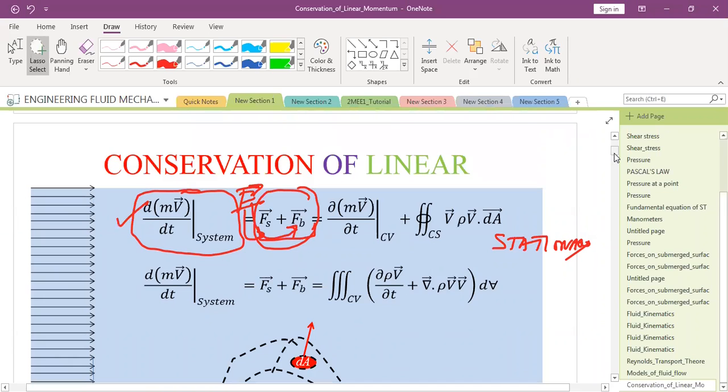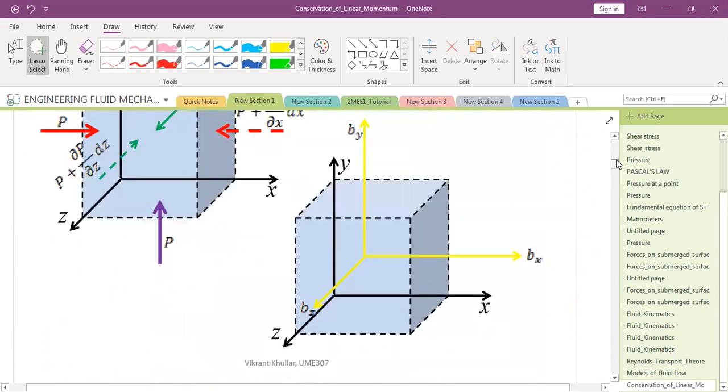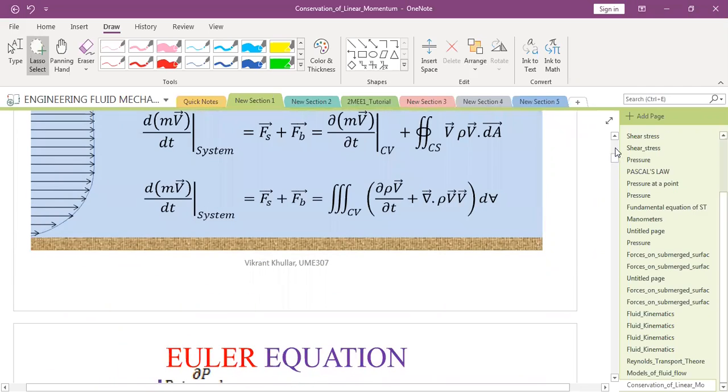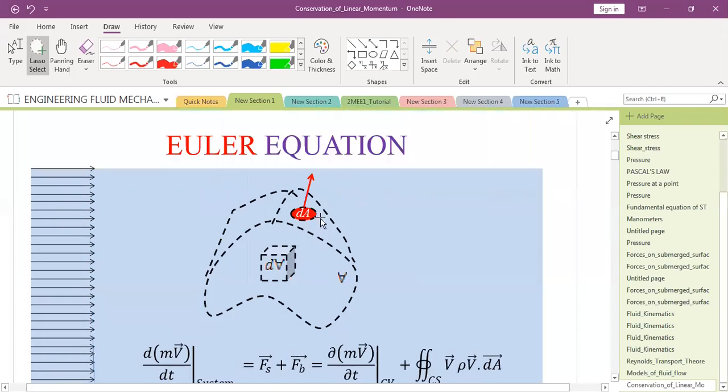Say instead of being located here, the control volume was located at this location. What will be the difference? What will be the surface forces then? Only the pressure force. Is that clear?